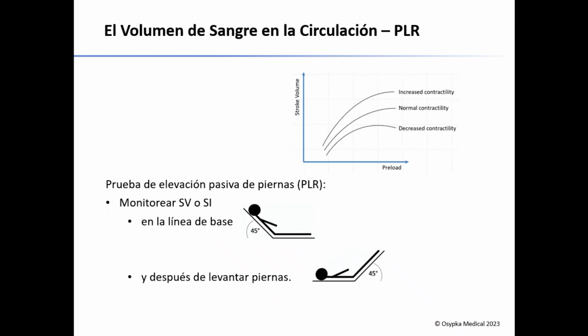A passive leg raise test works like this: the patient is initially in a supine or lightly elevated position with the upper body. You take a baseline of stroke volume, stroke index, then you or some helper raises the legs, not the patient, and you monitor stroke volume too. And if stroke volume increases by about 15% or more, this patient most likely requires volume or would benefit from volume.